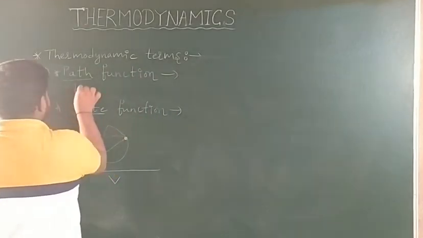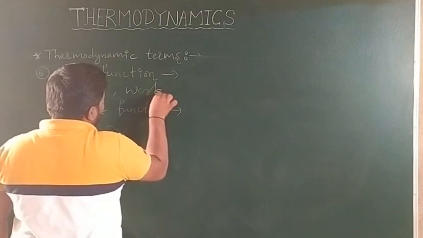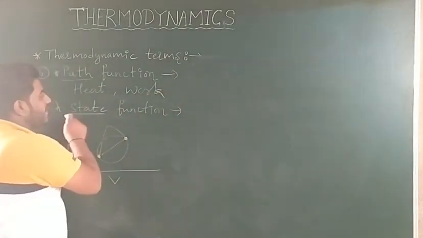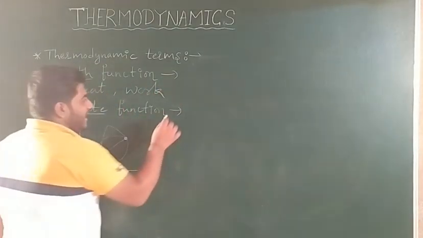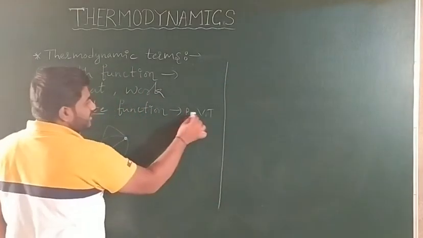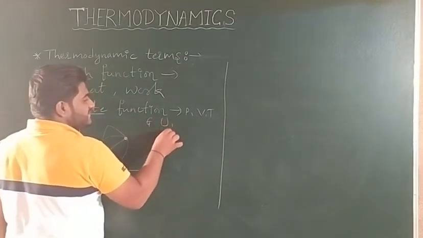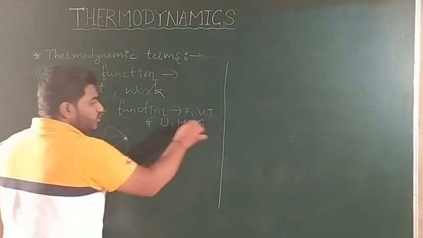Heat and work are the only 2 path functions. The remaining all are state functions, like pressure, volume, temperature, Gibbs free energy, internal energy, enthalpy, entropy.